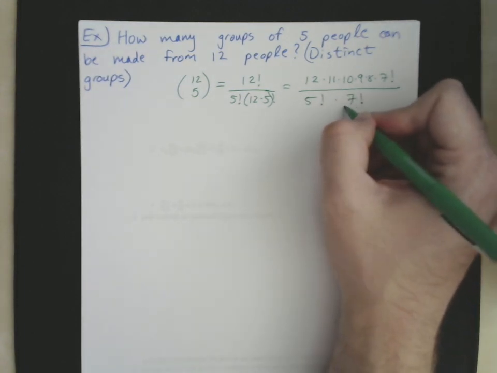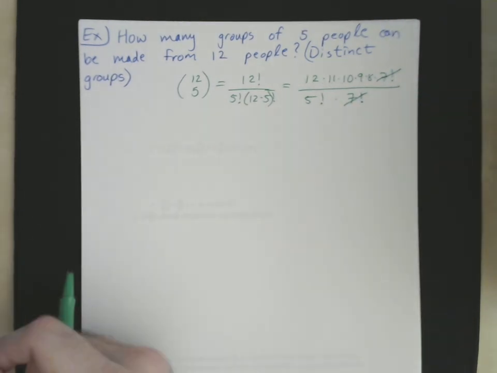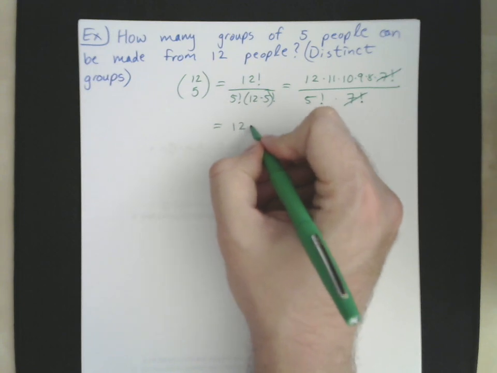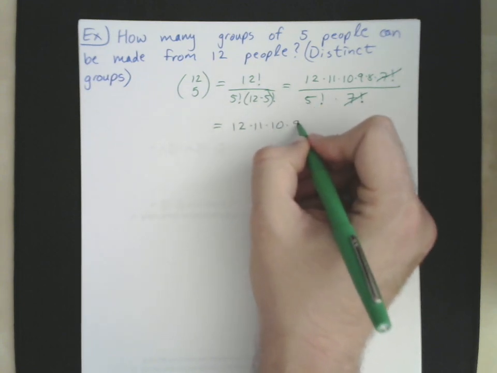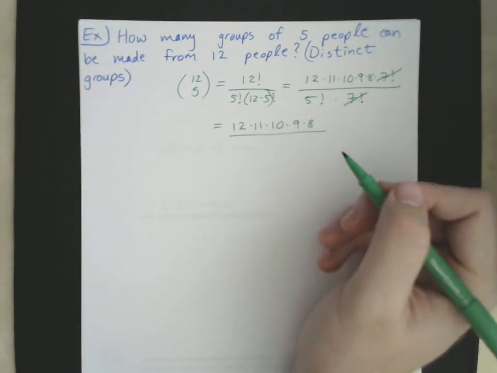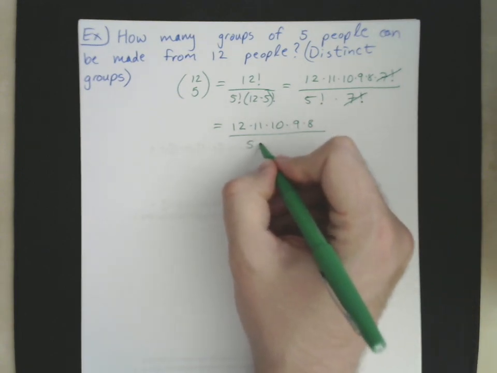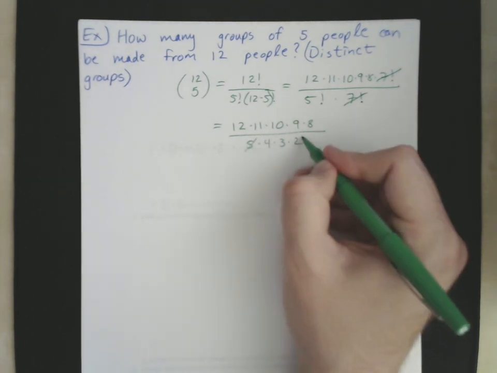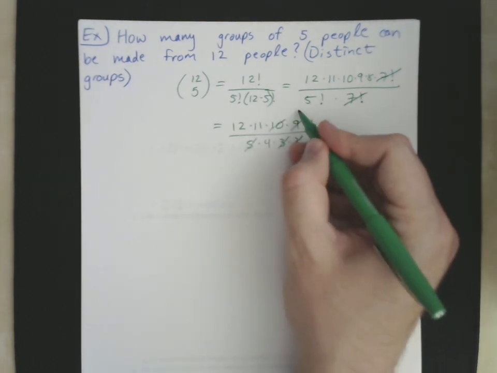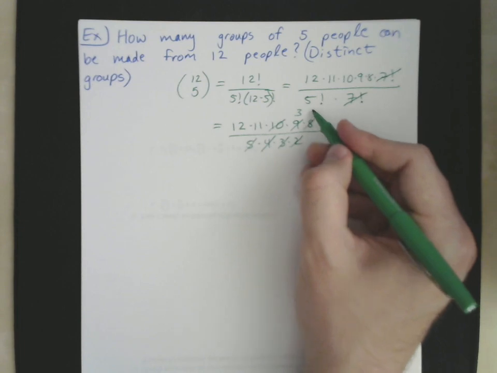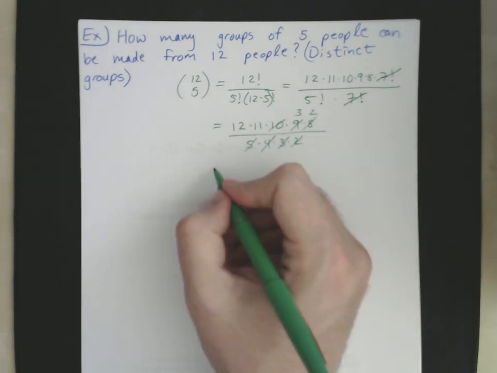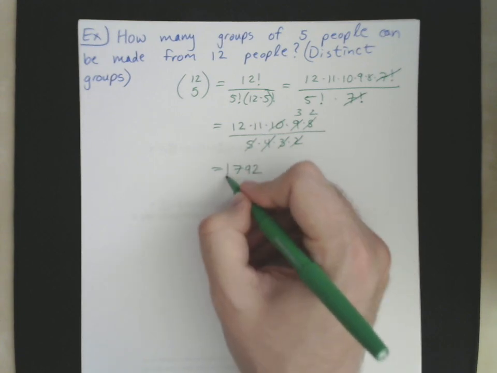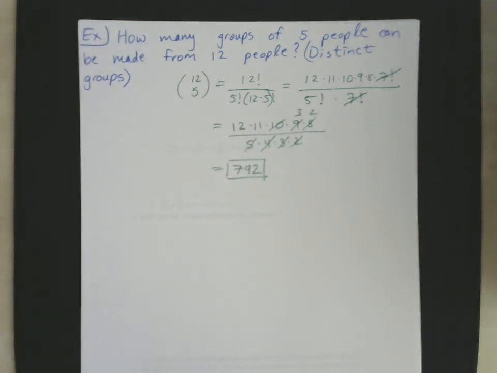Remember, we're always looking to cancel the largest factorial we can. So this is 12 times 11 times 10 times 9 times 8 over 5 times 4 times 3 times 2. 5 and 2 go into 10, 3 goes into 9 3 times, 4 goes into 8 2 times, and we end up with 792 different groups of 5 we can make.